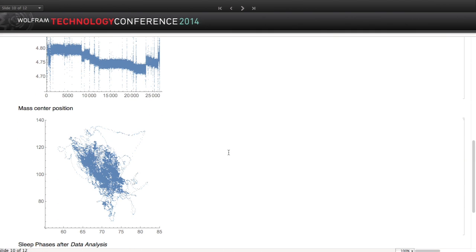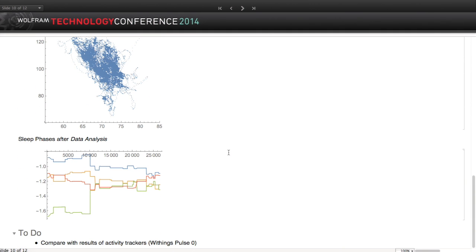Here we have the mass center position, and we try to guess the motion of the people inside the bed. After some analysis, we have some results on the sleep phases analysis. Each color means one of the sensors, and you can see that we have concordance of the results. We are still working on this study.